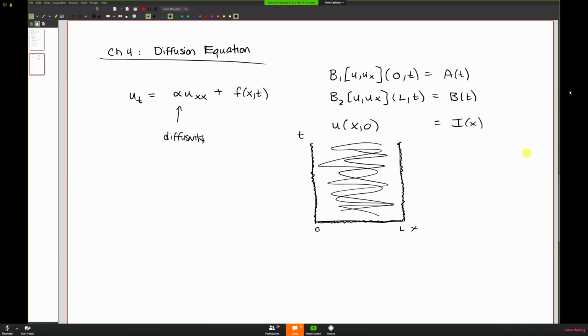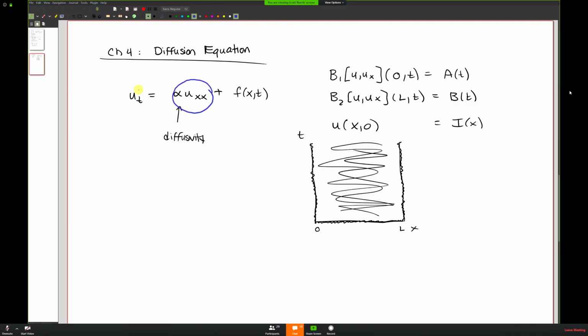All right, and this looks like a big step forward in difficulty because now we have partial derivatives. But really, because of everything we've learned so far, we can just hit this with the transform. We don't need to learn hardly a single new thing to solve this equation. We just isolate the spatial operator.